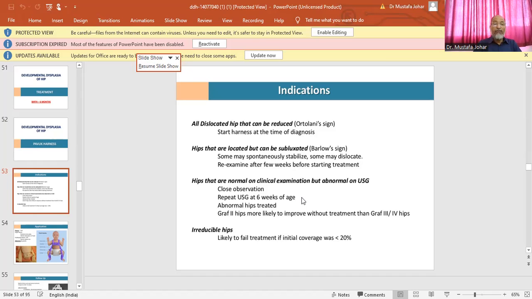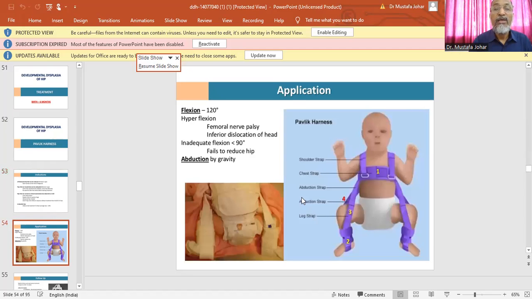Then the irreducible hips are there, where you are not able to reduce the hip by manual maneuver or by gradual reduction. These are the hips which are likely to fail if the initial coverage was less than 20%. And this is the application of the Pavlik harness.